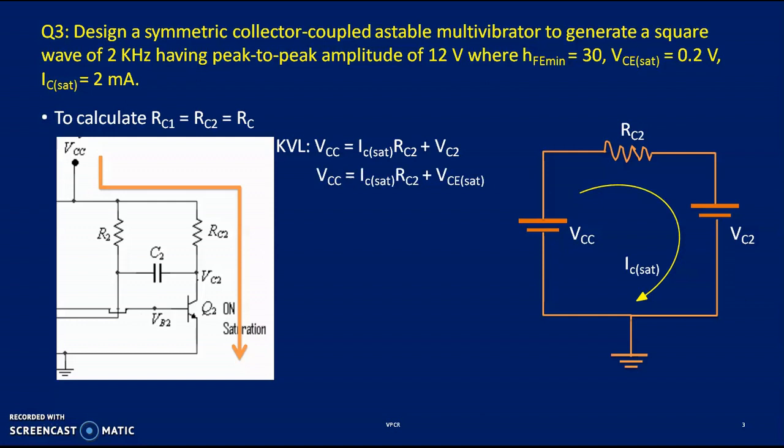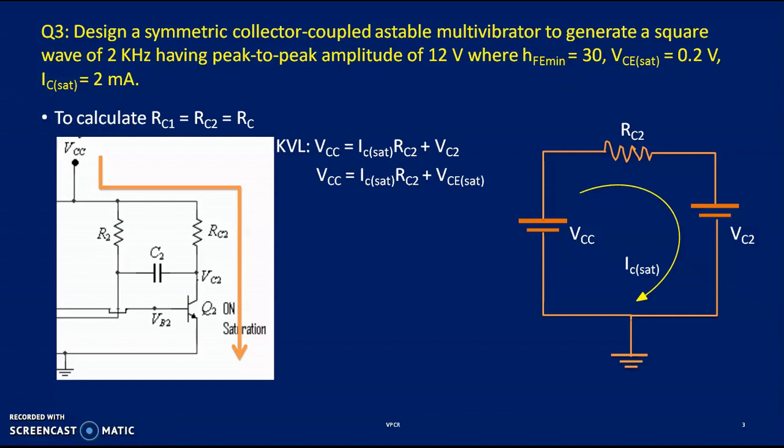So now VCC is equal to IC sat RC2 plus VC2. What is the value of VC2? As Q2 is saturated, you can consider VC2 as a saturated value. How can it be represented? Because VC2 is the voltage between collector and ground, and that ground is connected to the emitter, you are calculating the voltage across collector and emitter when that transistor is saturated.